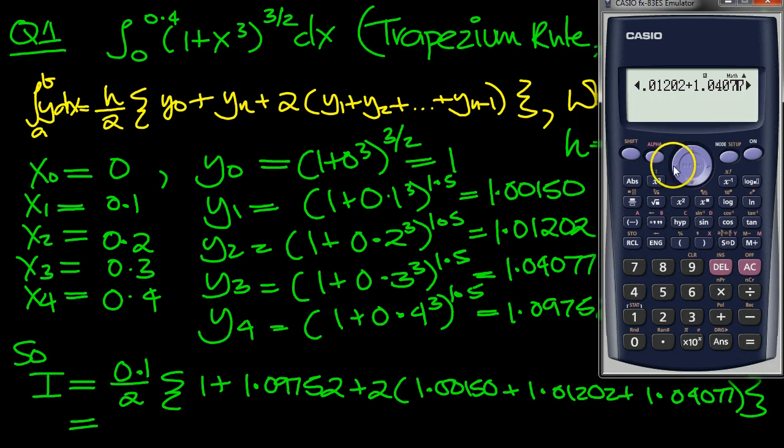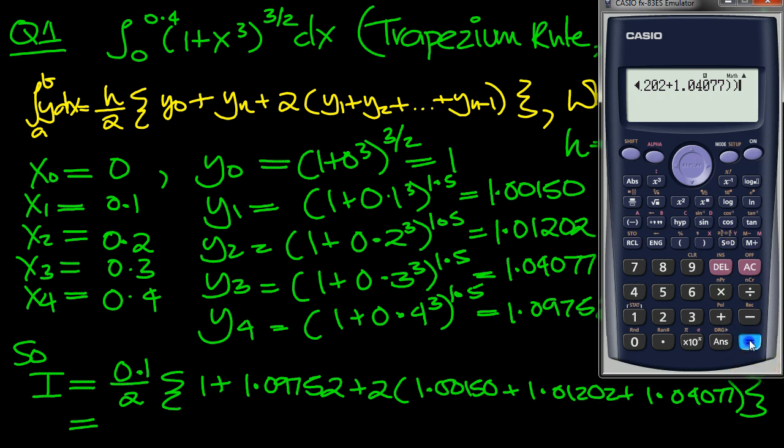Now I'm going to toggle back and just quickly check that everything's been entered. It's a valuable and useful quick double check. It only takes a moment to do. 0.1/2, bracket 1 plus 1.09752, yeah, and then it's 2 times bracket 1.00150, that decimal part, 01202, yeah, and 04077.